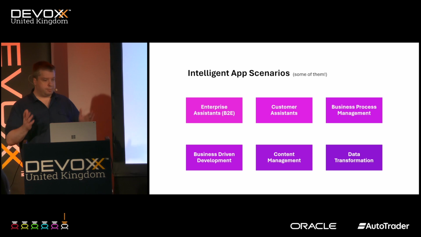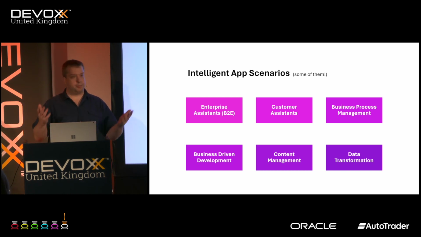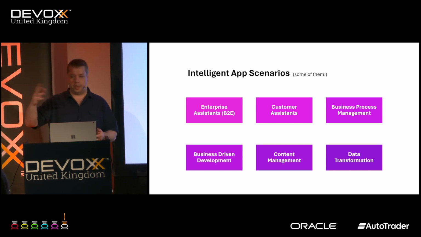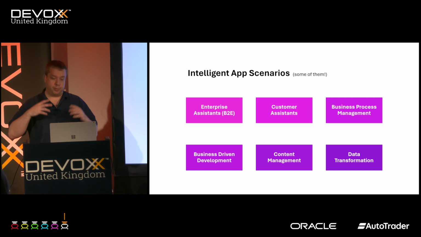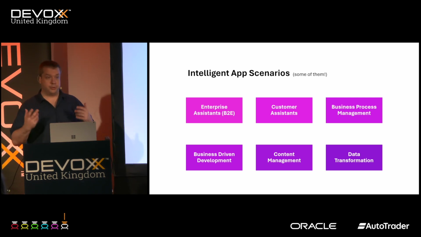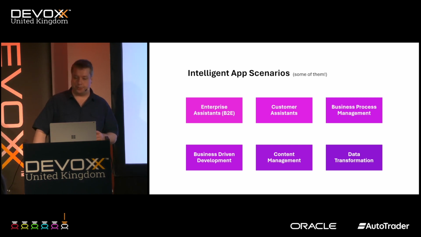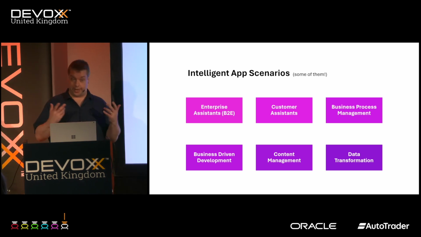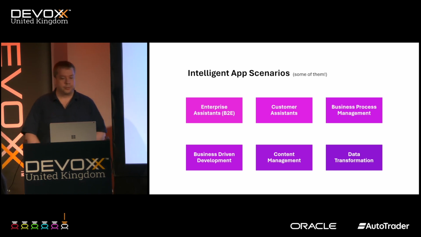So there are typical app scenarios: customer assistants and chatbots. You can have HR chatbots, which I'll show in a minute. If you put in user manuals, users can search them and ask questions about how to use your systems. You can use it for managing business processes by defining various rules, and again, you don't need an expert user to define them; you could define them using natural language.